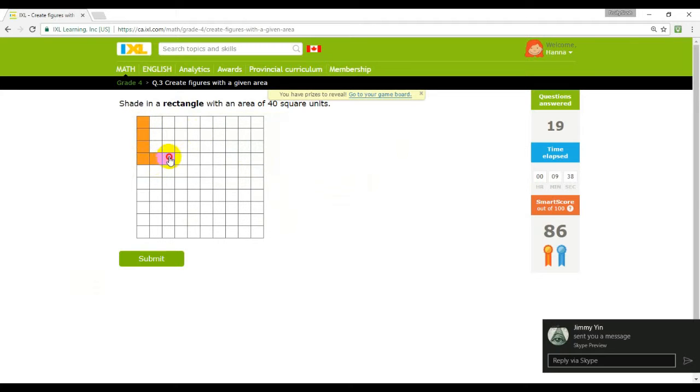That would obviously be 4 rows of 10s. Okay, 28 square units. So that, I'm going to think about that. Okay, 4 7s, so 4 rows of 7s.